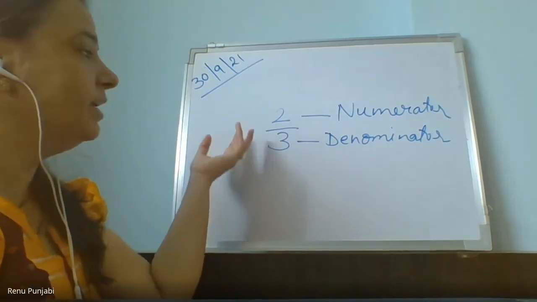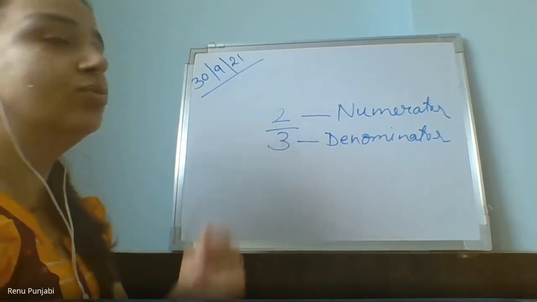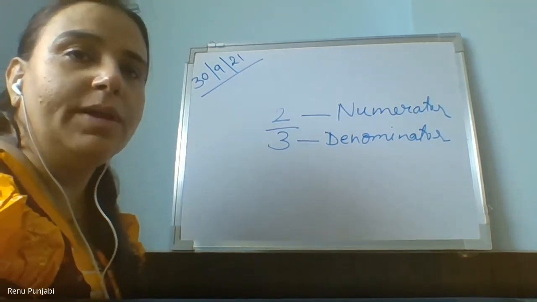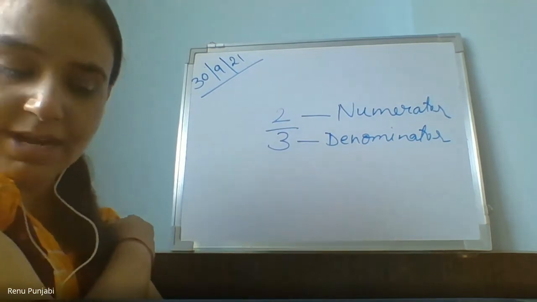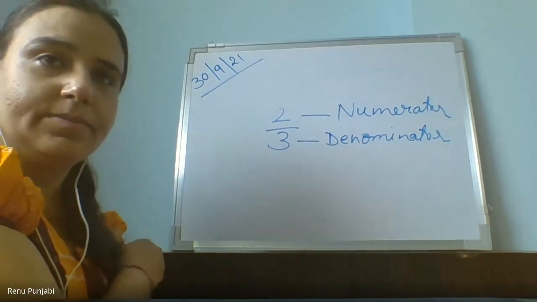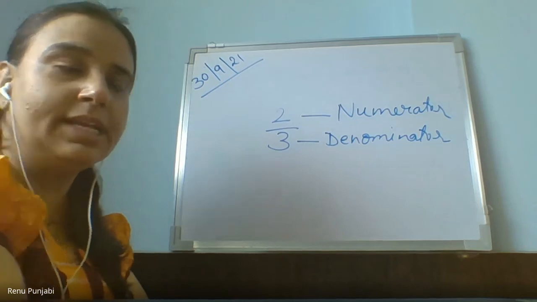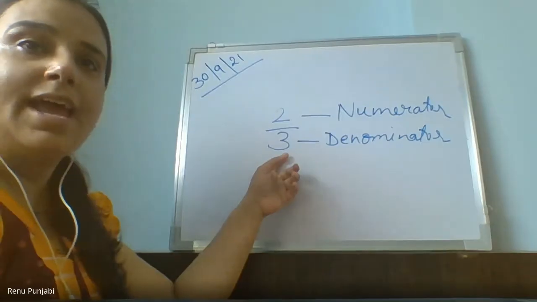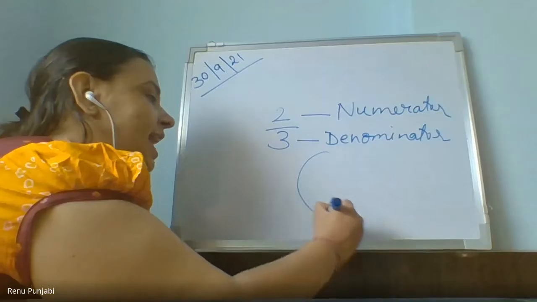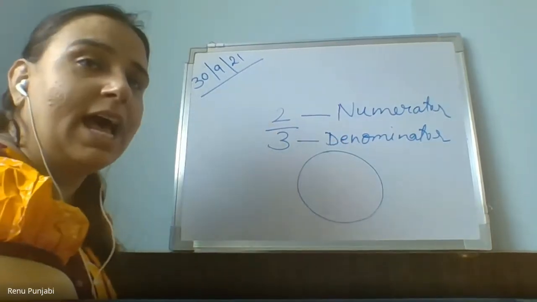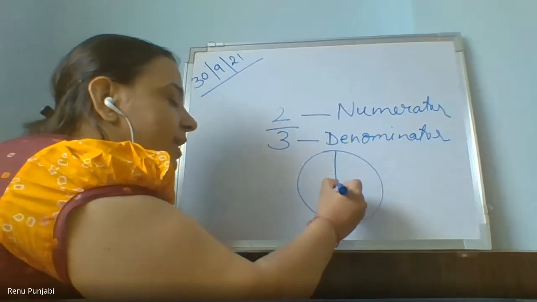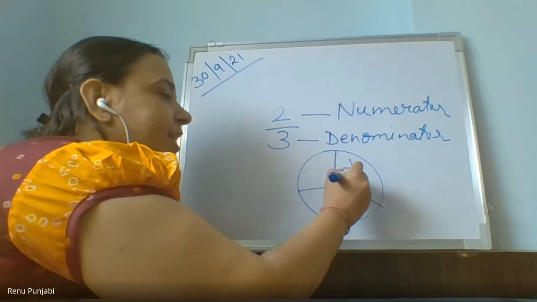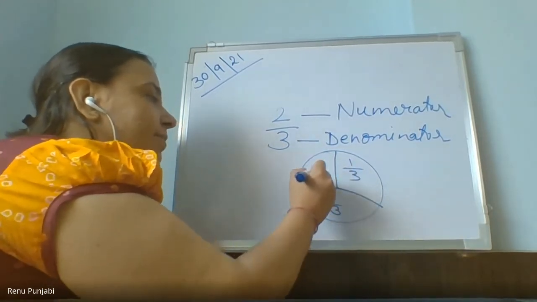So how many 1/3 make 2/3? Can anyone tell me how many 1 upon 3 parts make 2/3? Say you have divided a complete pizza into 3 equal parts: 1/3, 1/3, 1/3.